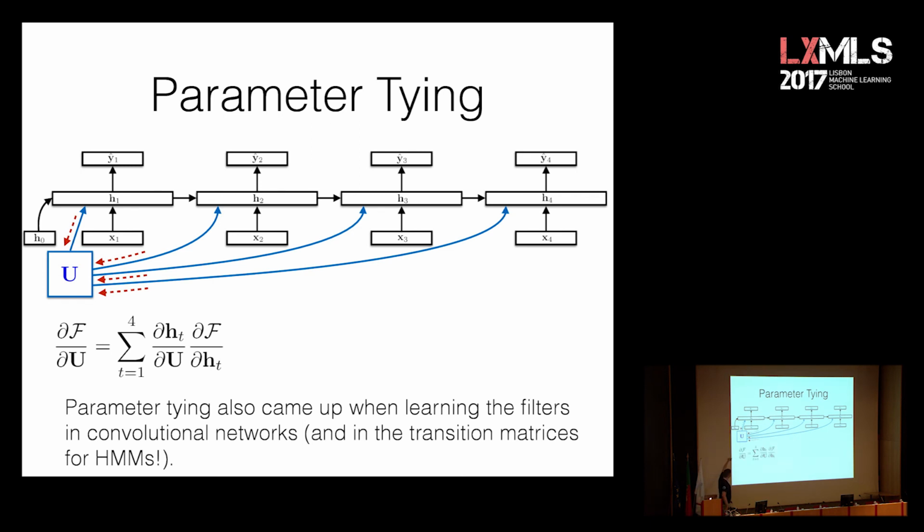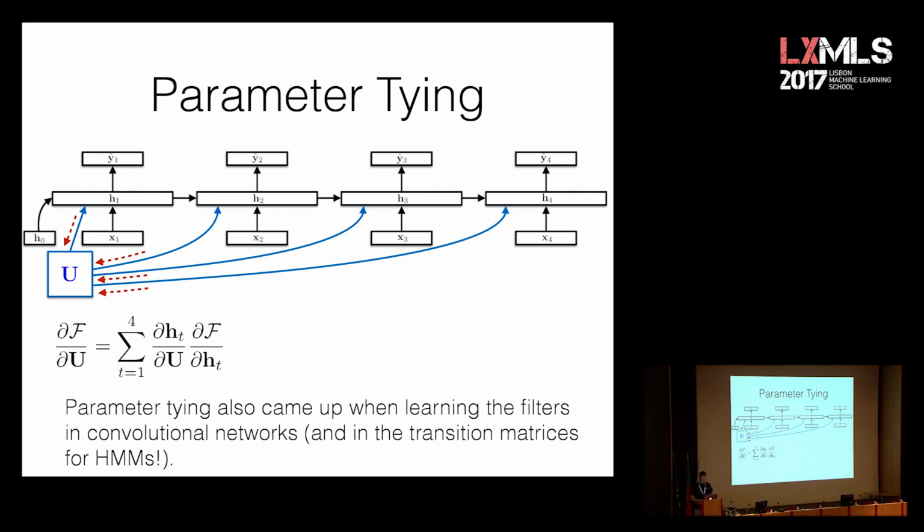We're going to have errors coming in to u from all 4 of these sources. And so the derivative of f with respect to u is going to just be summing over all of these things. So parameter tying, the derivatives just accumulate when you have multiple incoming edges in the computation graph like this.